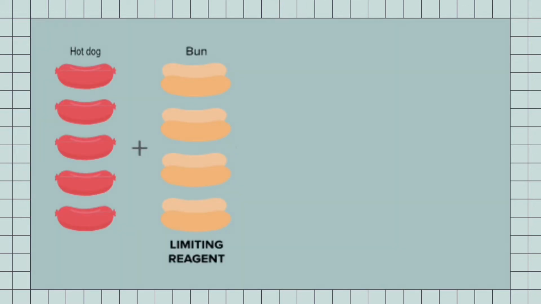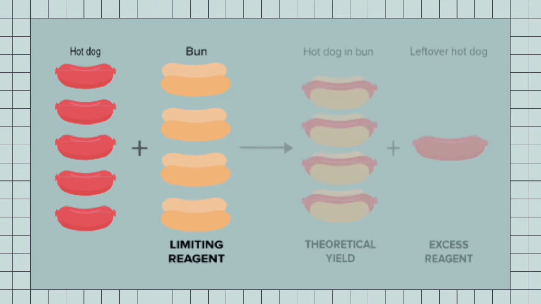For us to have an initial understanding of the concept of limiting reagents, let us take a look at this non-chemical illustration. As we can see, there are 5 hot dogs and 4 buns available. Out of this, 4 hot dogs in buns can be made with 1 hot dog in excess.